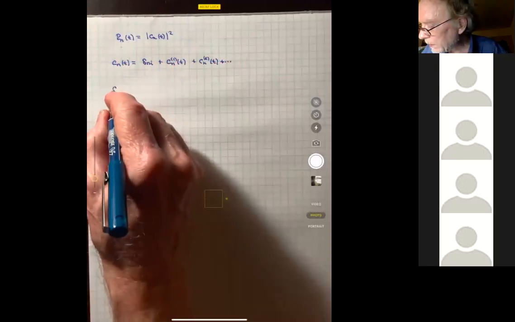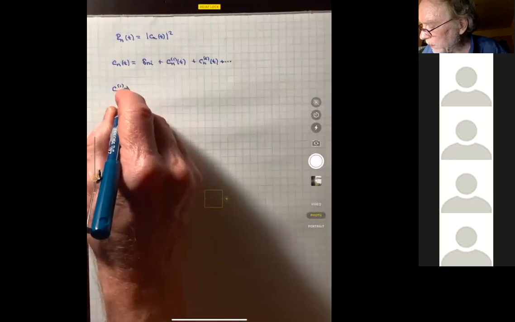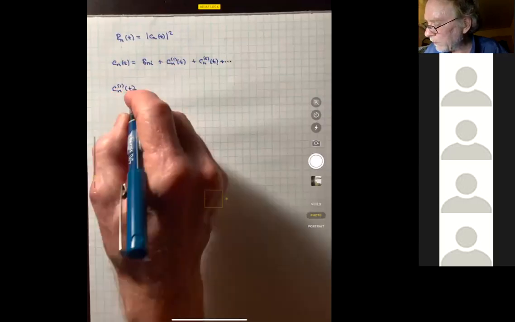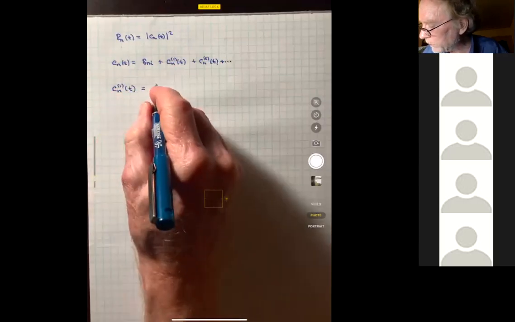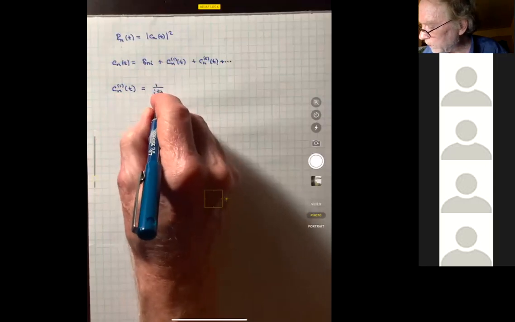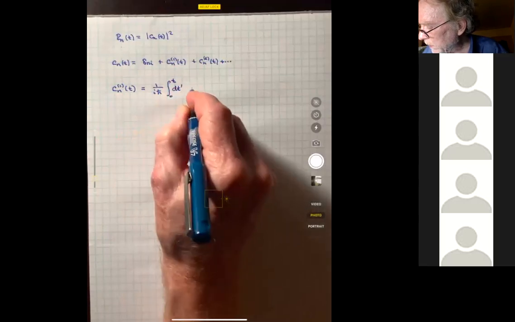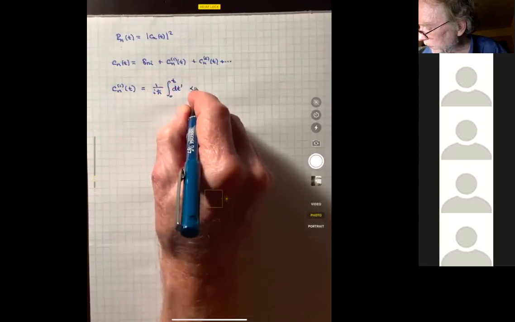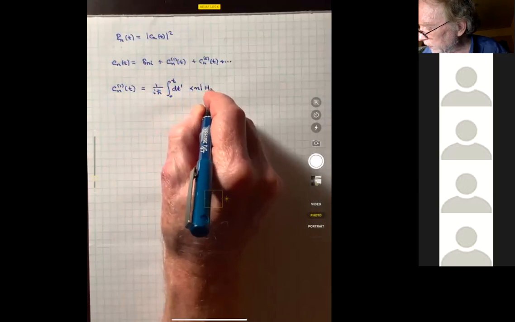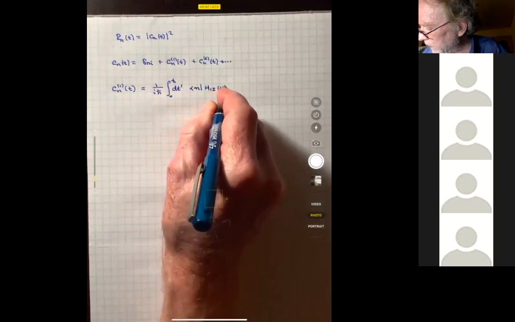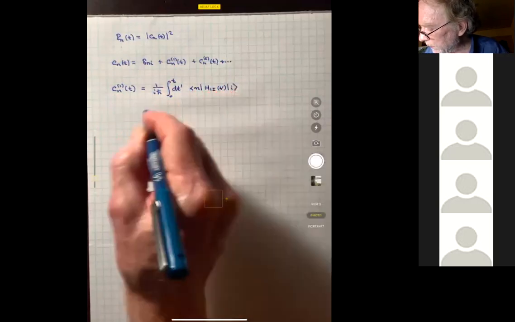And if I do this, then I get explicit expressions for the corrections to the transition amplitude at various orders. So for example, Cn1 of t is 1 over i h bar, the integral from 0 to t dt prime of the scalar product of n on the left, H1 interaction of t prime in the middle, and the initial state i on the right.